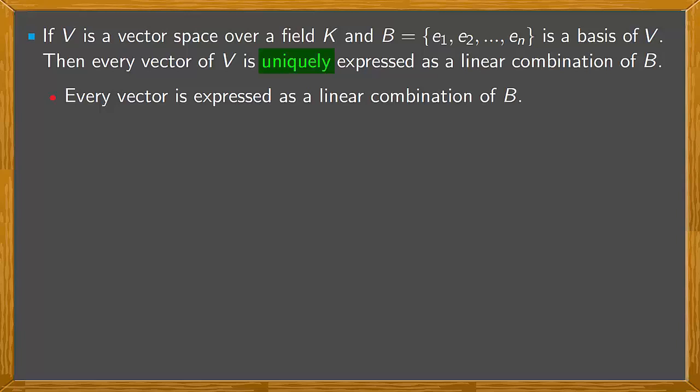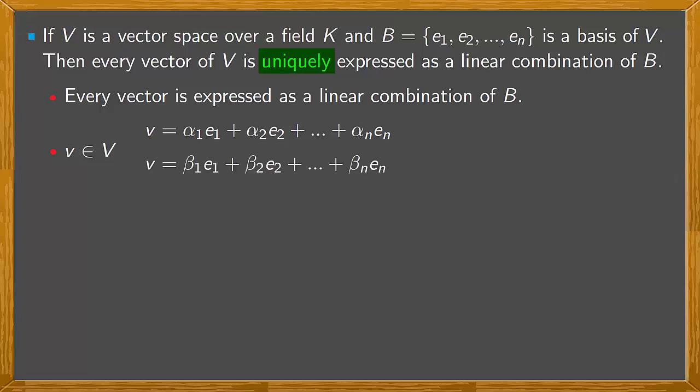To do this, suppose that small v is a vector of big V, and we're going to suppose that this vector has in principle two expressions as a linear combination of B. Small v equals alpha 1 E1 plus alpha 2 E2 all the way up to alpha n En, and v equals beta 1 E1 plus beta 2 E2 all the way up to beta n En for certain scalars alpha i and beta i.